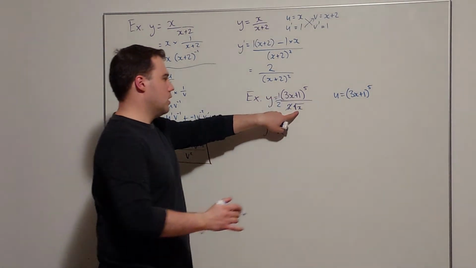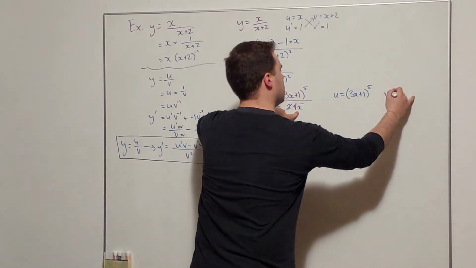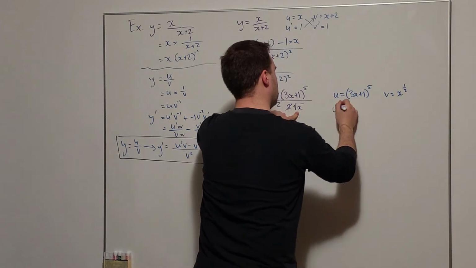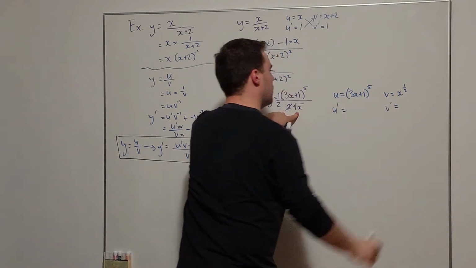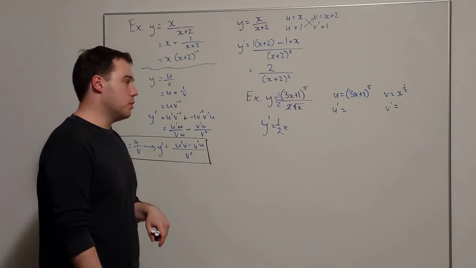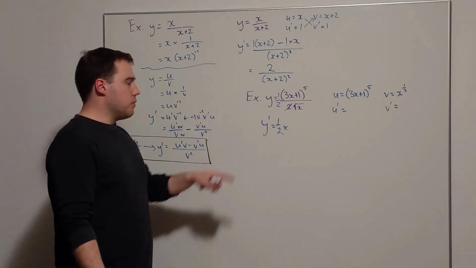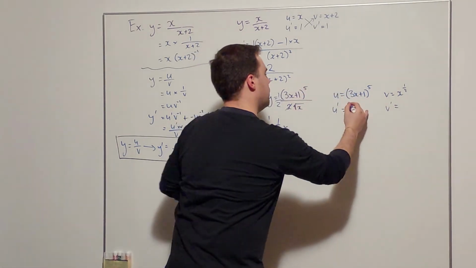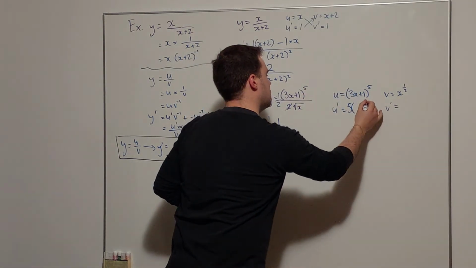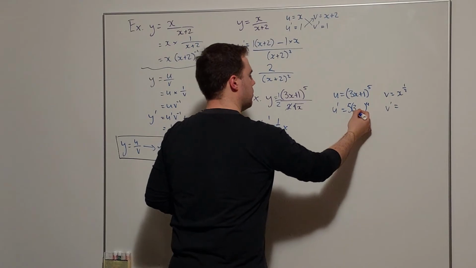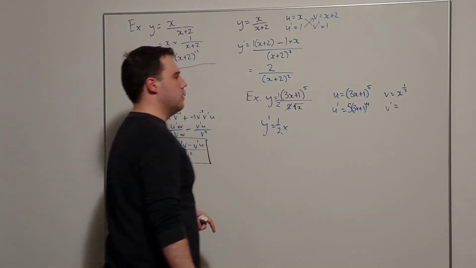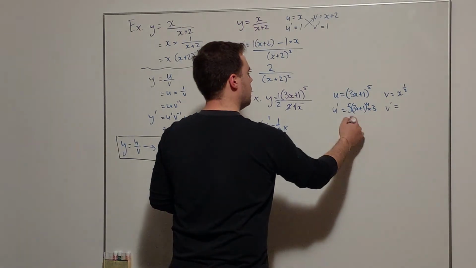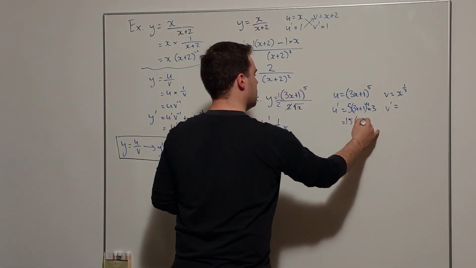Okay, so when I write my root x, I'm going to change that over here to x to the half, and now I need to do my little mini differentiation problems off to the side. So 3x plus 1 to the 5: bring the power down, subtract 1 from the power, keep what's inside the brackets, and then times the derivative of 3x plus 1, which is 3. 5 times 3 we can simplify to 15.